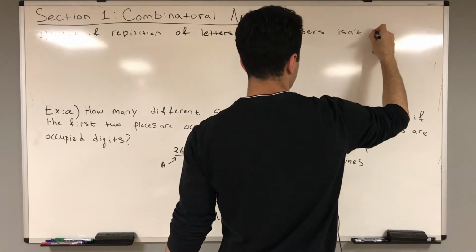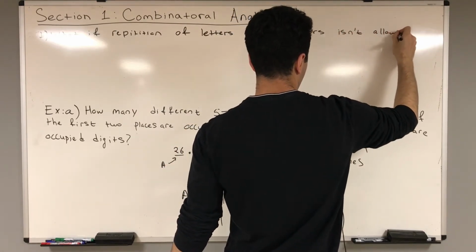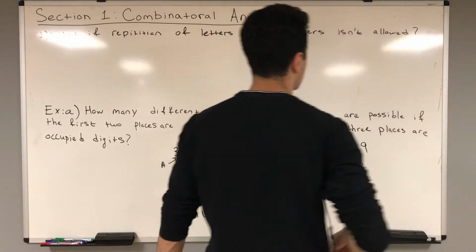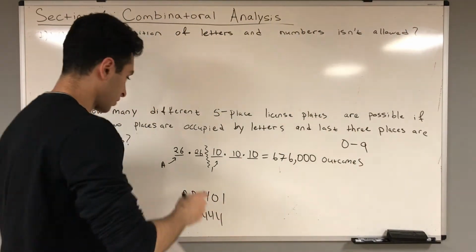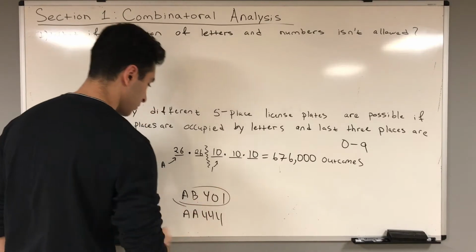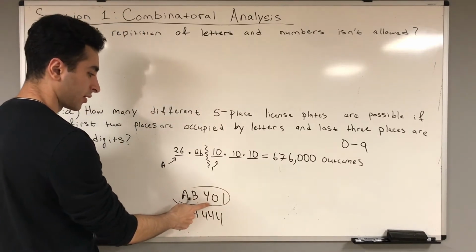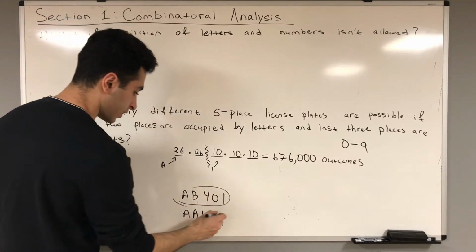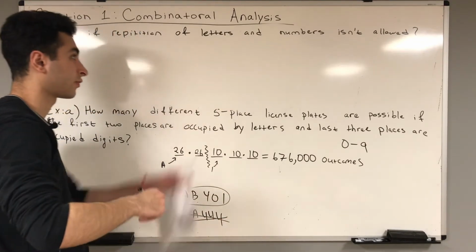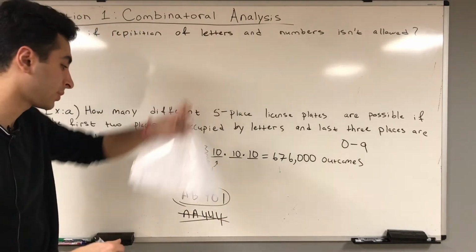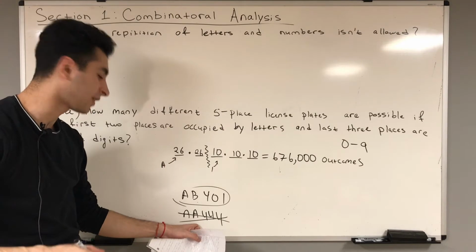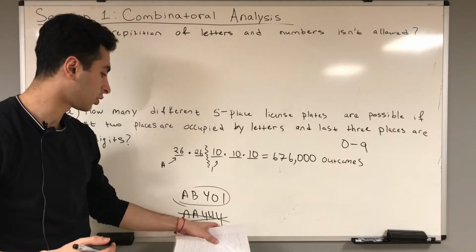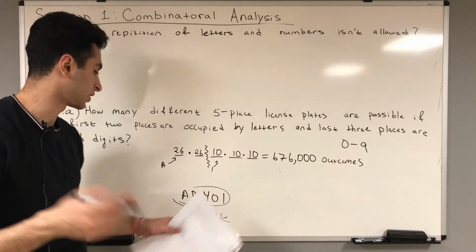Okay. So this would be okay, right? Because we're not repeating any letter and we're not repeating any number. This would not be okay for this example. It would not be okay because we repeated an A, and that's already bad. And also we repeated the 4s, which is even worse.